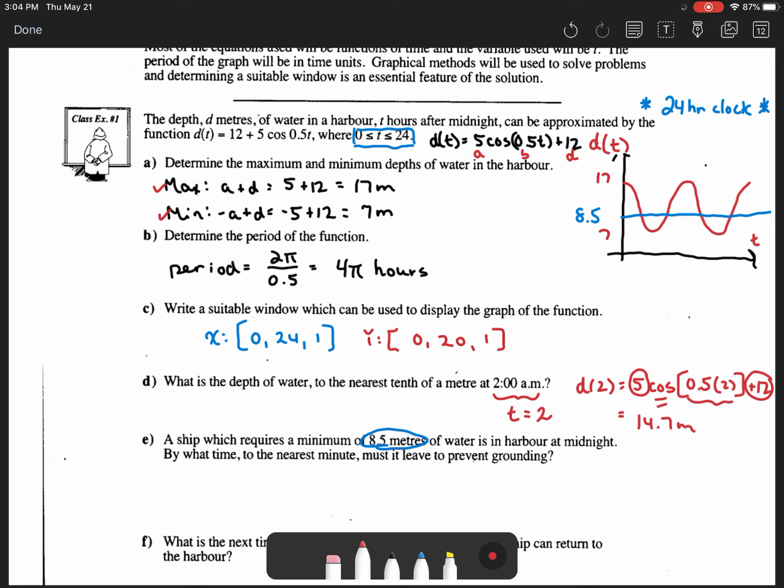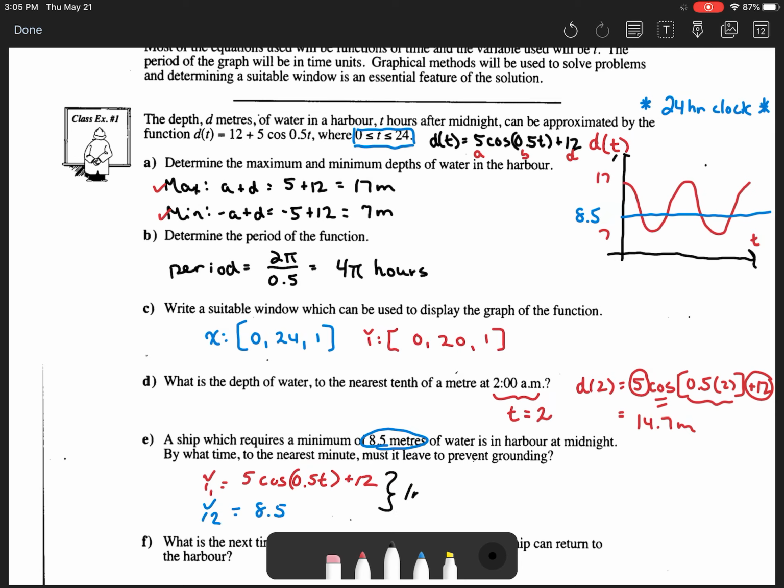So 8.5 is going to be about there. So when I do that, I graph the two functions as follows. Again, I graph y1 as my first function, which was the 5 cosine of 0.5t plus 12. And then I would go and graph y2 as 8.5.